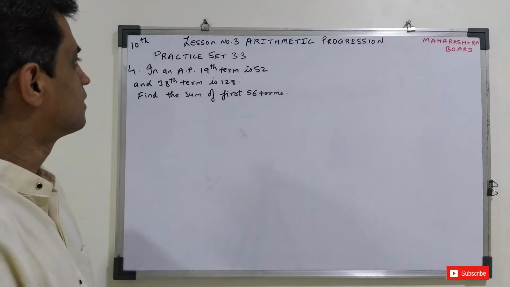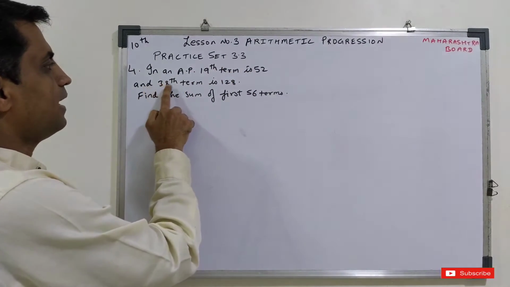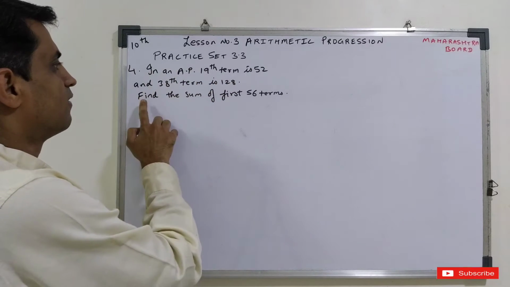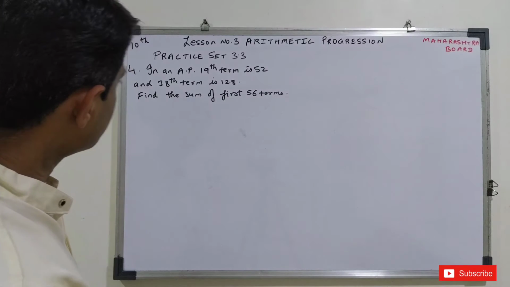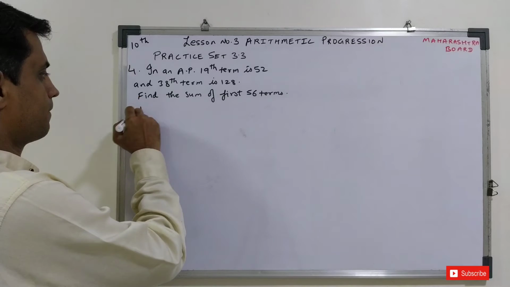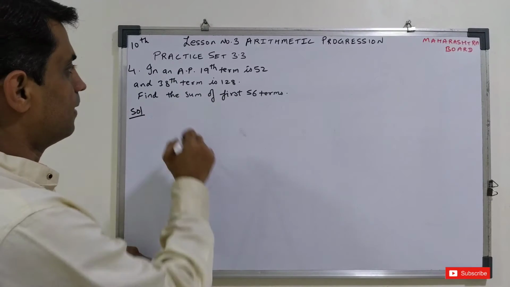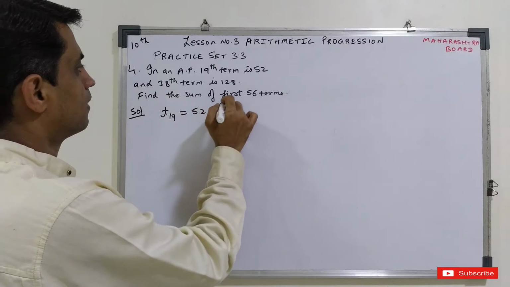Fourth sum, students. In an AP, the 19th term is 52 and the 38th term is 128. Find the sum of the first 56 terms. Now students, let us note down what they have given us. The 19th term, that is T19, is 52.